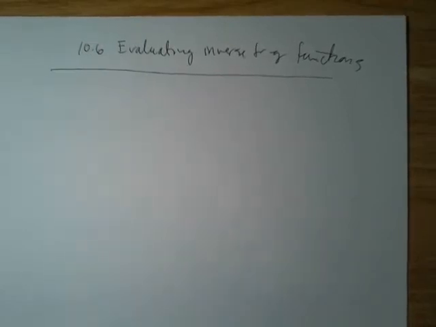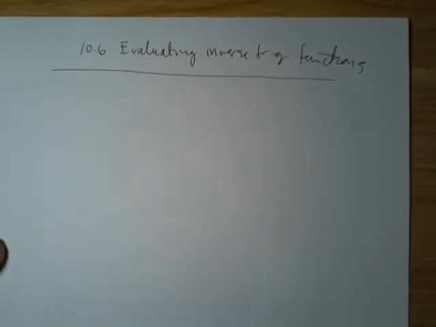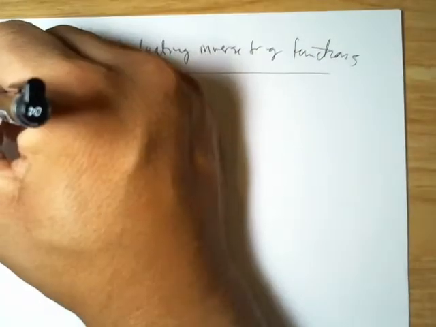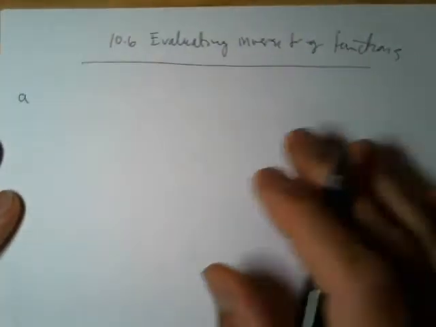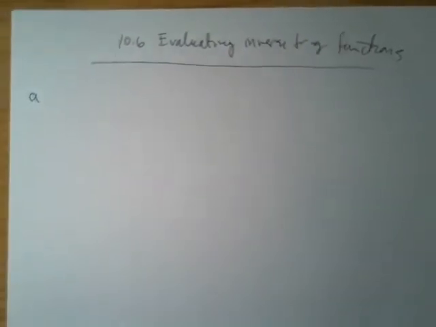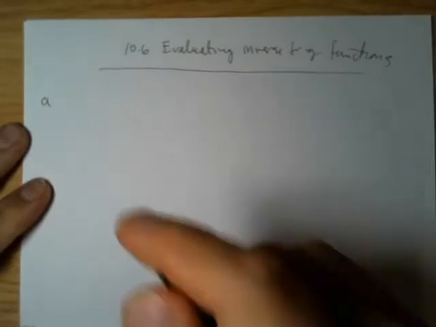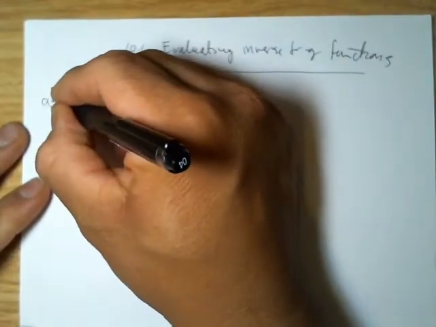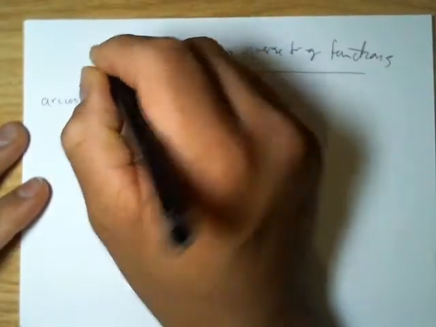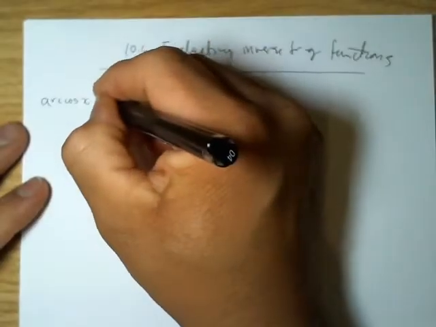Okay, so in this section, we're going to look at evaluating inverse trig functions. As a reminder, we've gone over what an inverse function is, and a brief overview here. The arc cosine of x is equal to some value t.